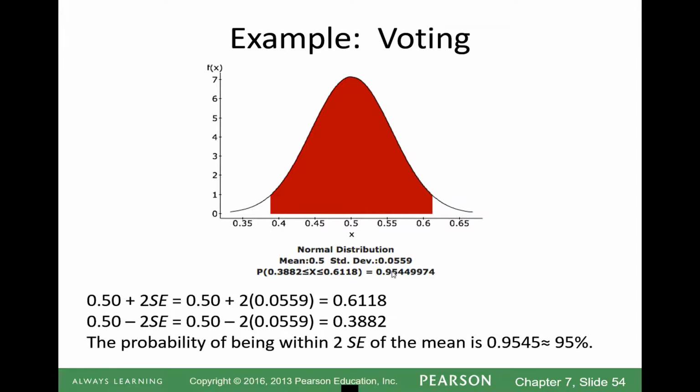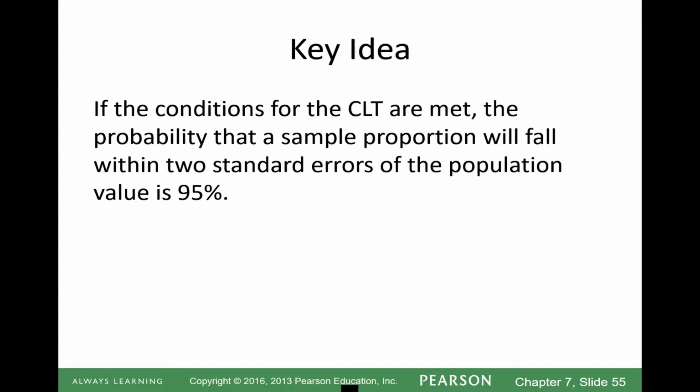But we also know that from the empirical rule. This is a key point: if the conditions for the central limit theorem are met, the probability that a sample proportion will fall within 2 standard errors of the population value is 95%.